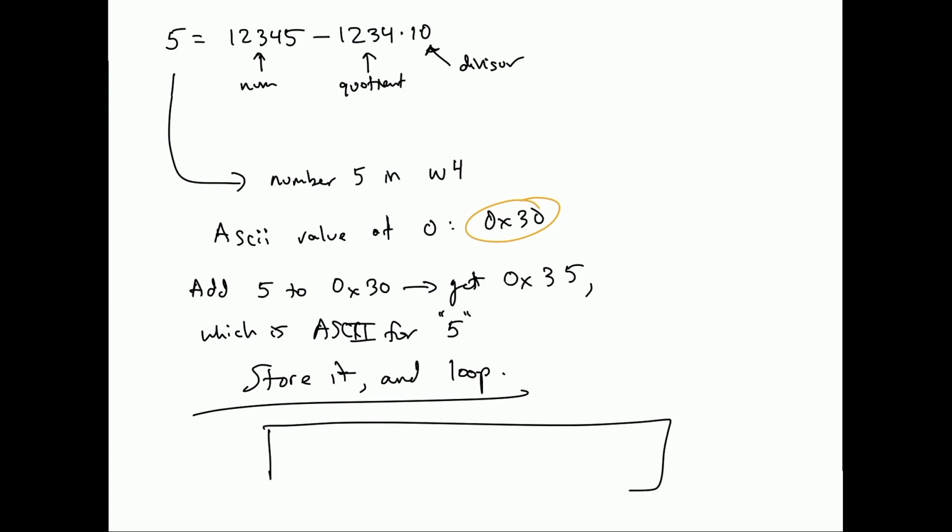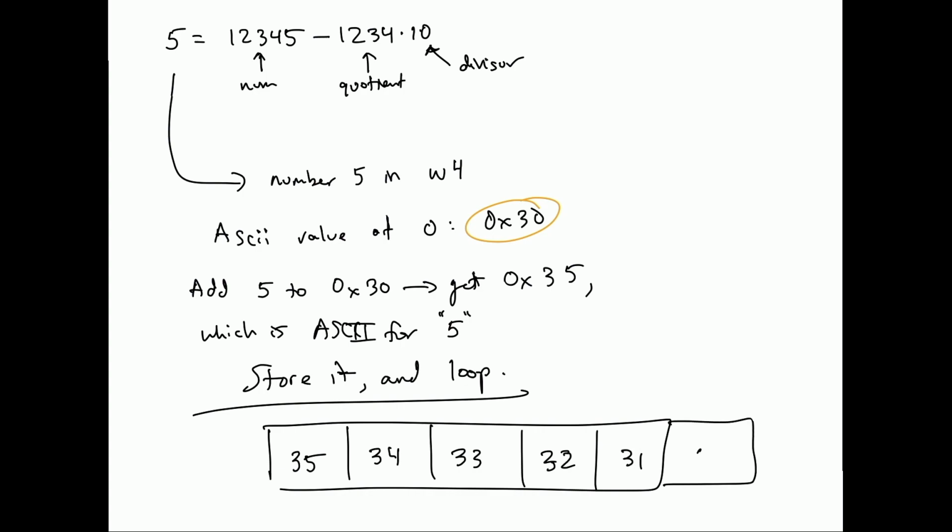So let's say I allocate some segment of memory and I go through this processing, and then I'm going to be like, okay, so 3.5 goes here, and 3.4 would go there, and 3.3 would go here, 3.2, 3.1, and finally null terminator. What's the problem with that string that I've just produced?